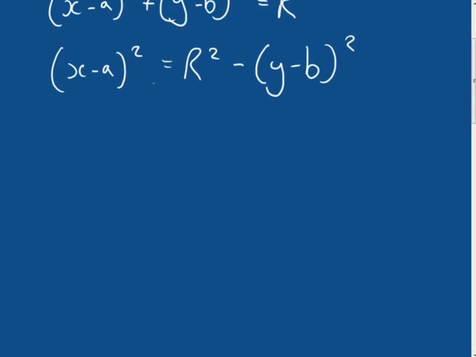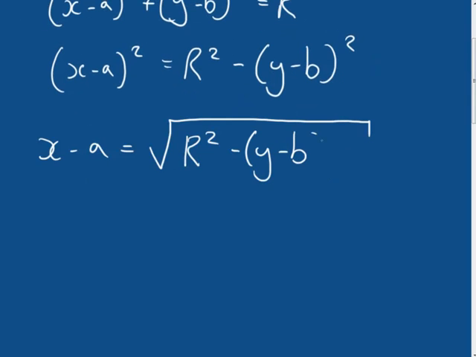Fantastic. Next up, let's get rid of this square on the brackets. So x minus a is equal to the square root of r squared minus (y minus b) squared. Now notice we're solving not to find a distance in this case, but to find some other value. In this case, we're finding the value of a coordinate. That means we must take the positive and negative square root.